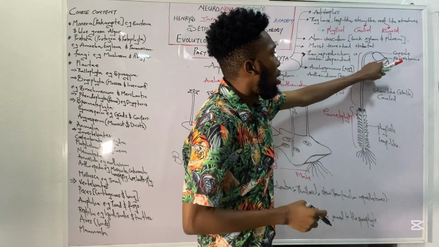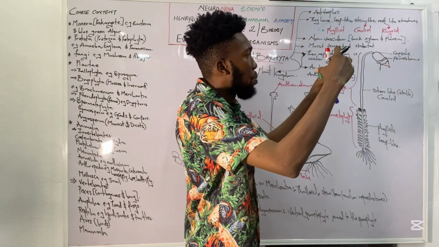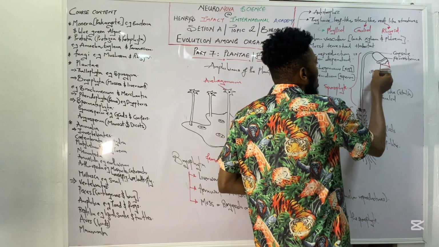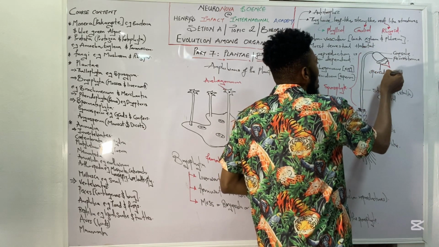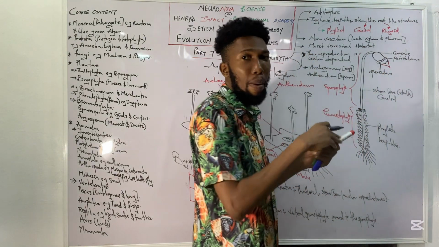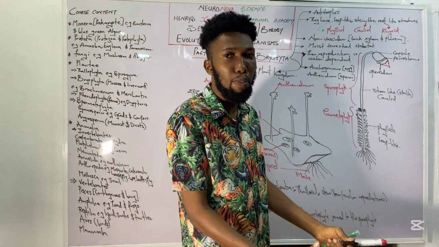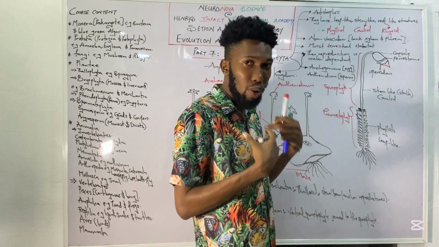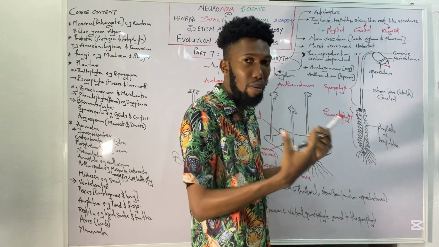This portion here that looks like a cap covering the peristome is referred to as the operculum. So whenever the operculum opens, there will be release of spores. The spores inside the capsule will be able to come out, but when it's closed, it contains the spores. The spores won't be able to come out.